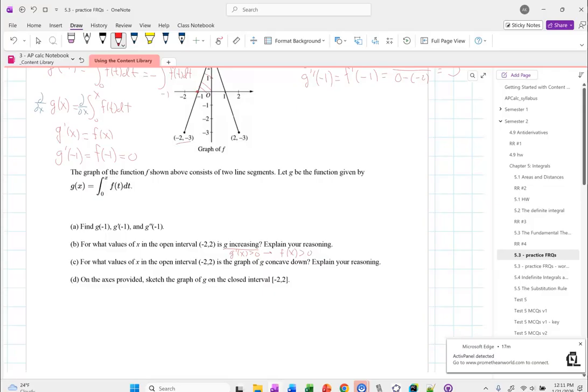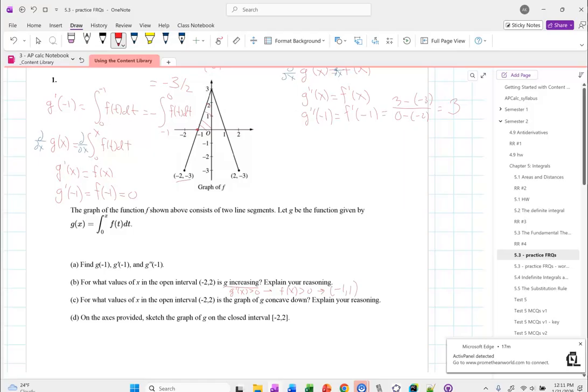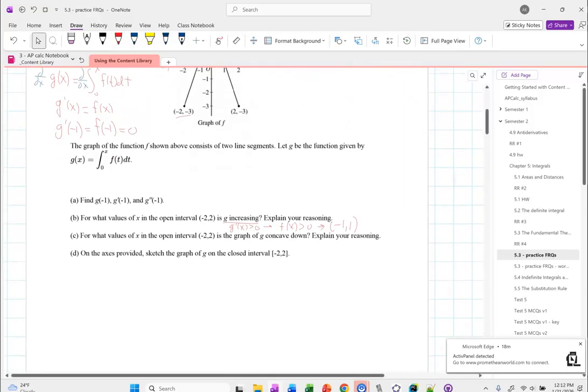So I'm just looking at where f is positive. Where is f positive? -1 to 1. Because that's where f is above the x-axis. Does that feel okay? Okay.